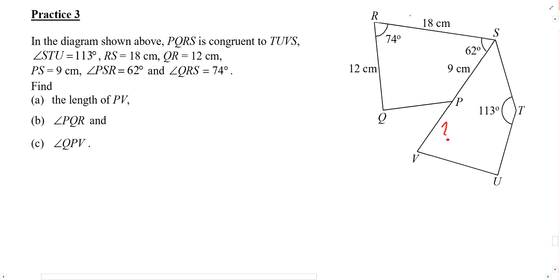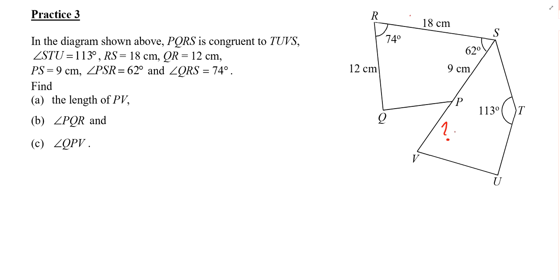PV. Think about it. Is there a corresponding side of PV? Based on the name, you can tell, right? Have or not? Is there a PV? Don't have. Okay. But that's what I need to find out. What do you think you require in order to find PV, based on the diagram? TV.